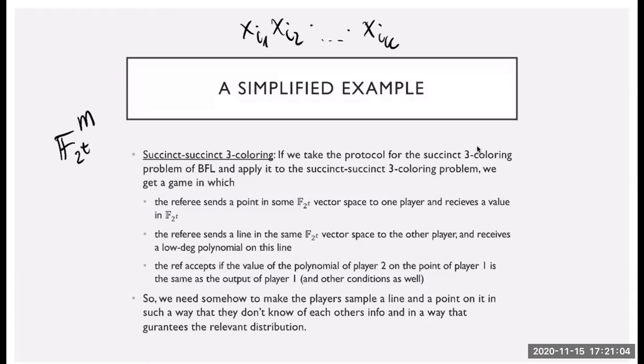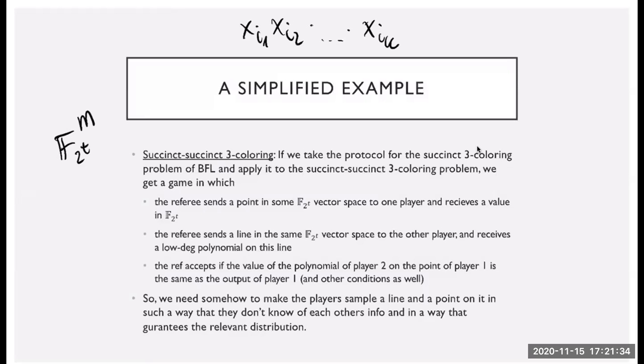So to check that, he asks one prover to give him an evaluation of this polynomial at a single point, and he asks the other prover to give him the evaluation of this polynomial on a whole line. Now, to check that a polynomial is of low degree on a line, that's easy. The verifier can do that.